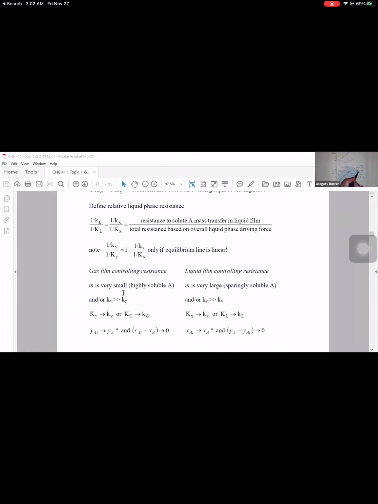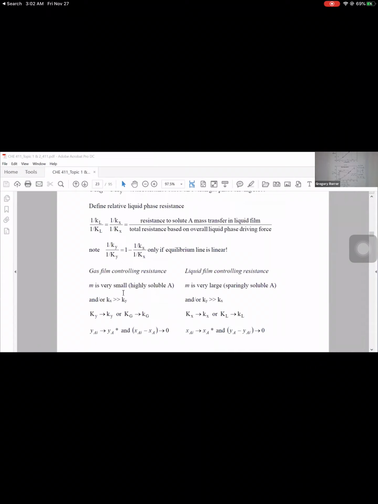And so what that ends up doing is it moves big Ky to the value of little ky. And in so doing, it pushes this downward, all right? So that ultimately, YAI approaches YA star, and XAI minus XA approaches 0. And this is called a gas film controlling resistance.